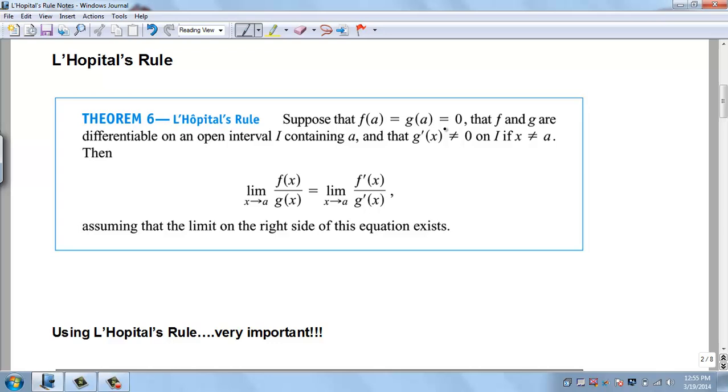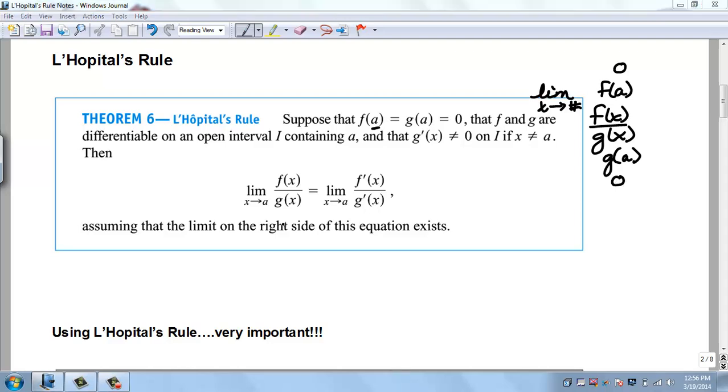So if I have a fraction f of x over g of x, and I'm taking the limit as x approaches a number, in this case called a, and I plug that number in and get f of a over g of a, which is 0 over 0, then we can take the derivative of the top and the derivative of the bottom, and figure out the limit that way.